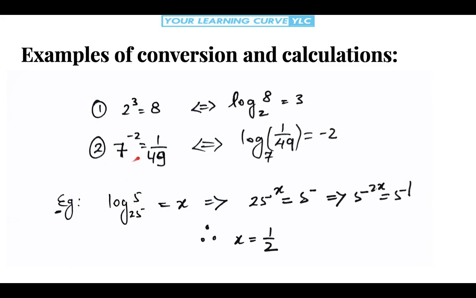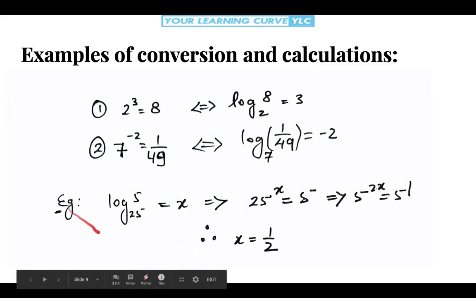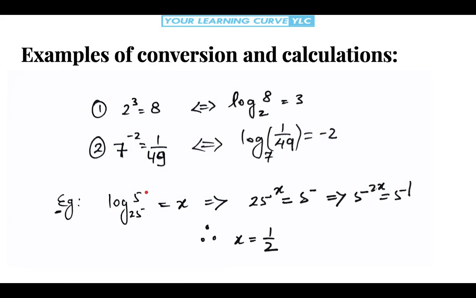7 to the power minus 2 is 1 by 49. Therefore, we can say that log of 1 by 49 to the base 7 is equal to minus 2. Suppose you are given, you have to find the value of log 5 to the base 25. Here we have to find a power of 25 to which it should be raised to get this number.